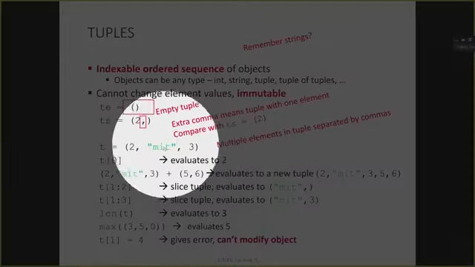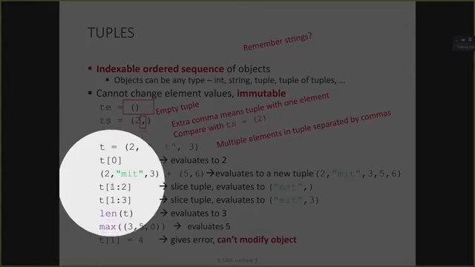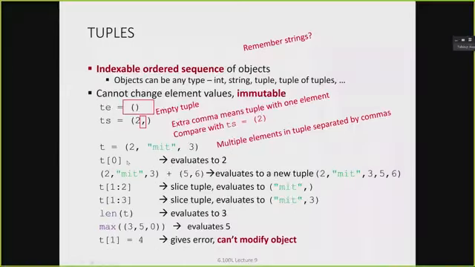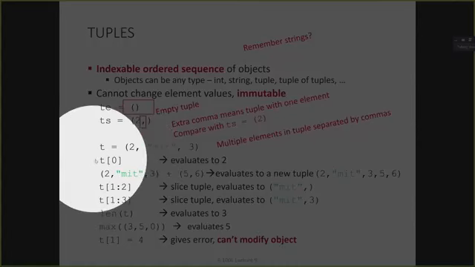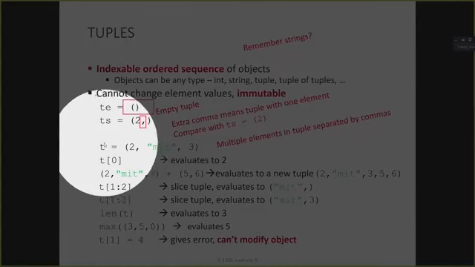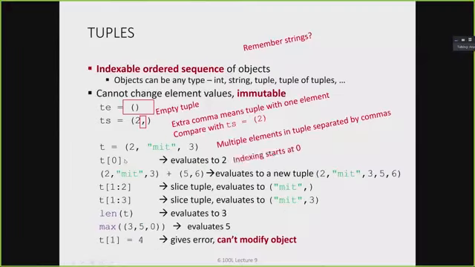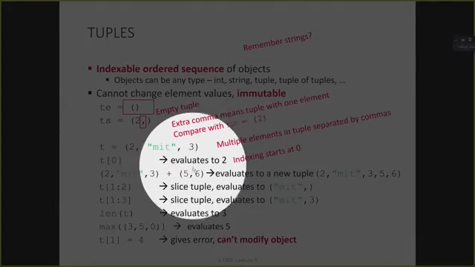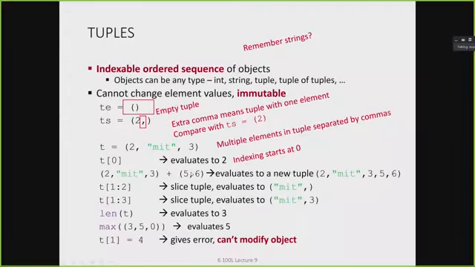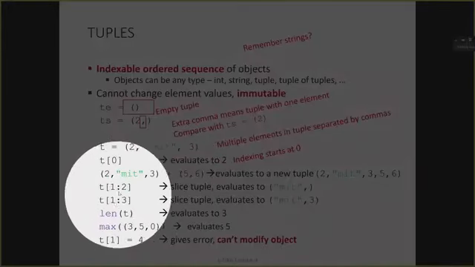And so the rest of this is actually operations that we've already seen on strings. So I'm not going to go through them in too much detail. We can use the square bracket to index into the tuple, so to grab the element at a particular index. Again, indexing starts from 0. We can use the plus operator to concatenate two tuples together to create one larger tuple with all those elements in a row. We can slice down here.